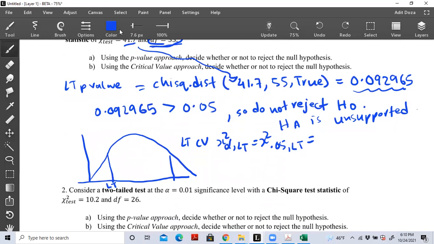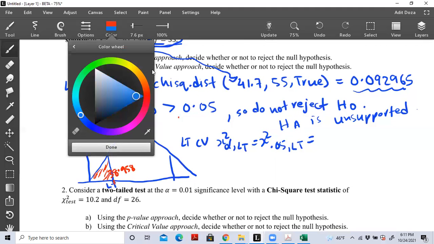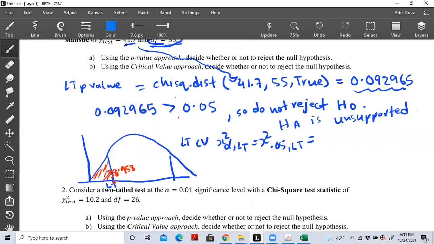Let me actually use a red color, 38.958. And you know that this is the rejection area, right? But what about the example question? The example question's value is 41.7, which is here, right?